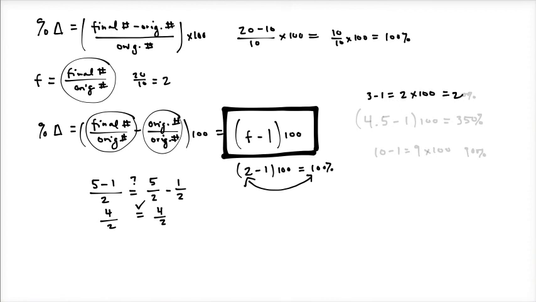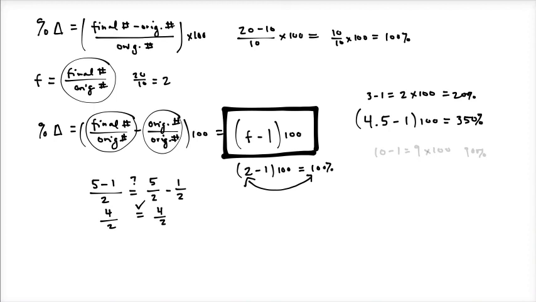So that is a 200% increase. If you know that something increased by a factor of 4.5, you would just take 4.5 minus 1 times 100 and get a 350% increase. So that's all it is.